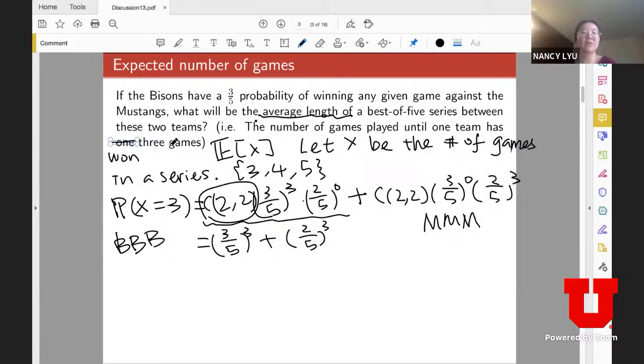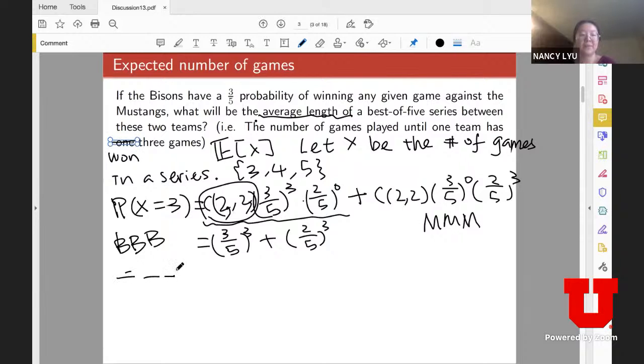Because we only have 2 teams, and the 2 choose 2 here basically just means that, well, I guess I think he is right. It should be 3 choose 3. Well, think about it: in order to win, you have to win the last game. So you only have to choose the first 2. Best of 5. Oh yeah, I see.